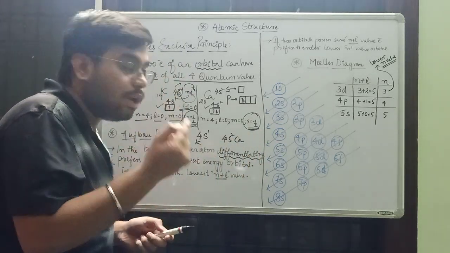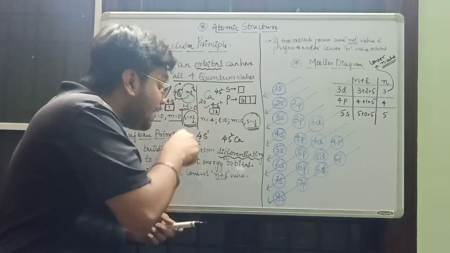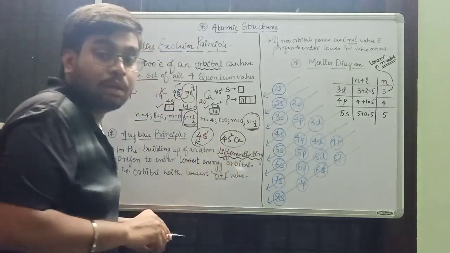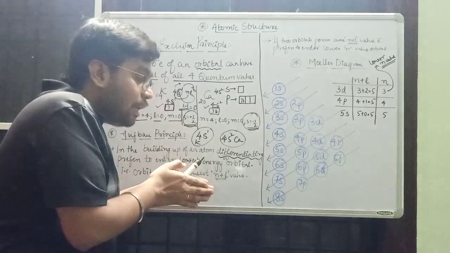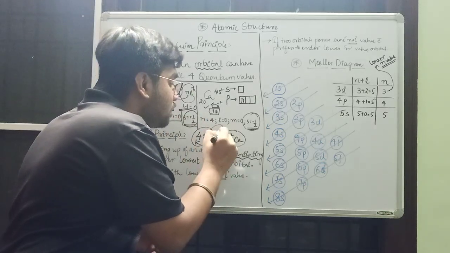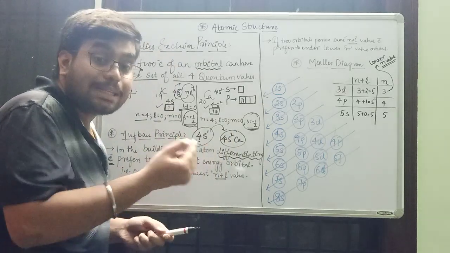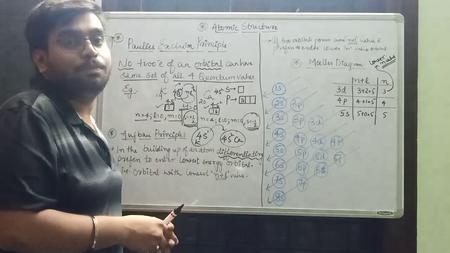That one electron which entered into 4s differentiated potassium from calcium. That single electron which entered 4s1 and made it 4s2 means the atom has changed from potassium to calcium. That electron has differentiated potassium from calcium.